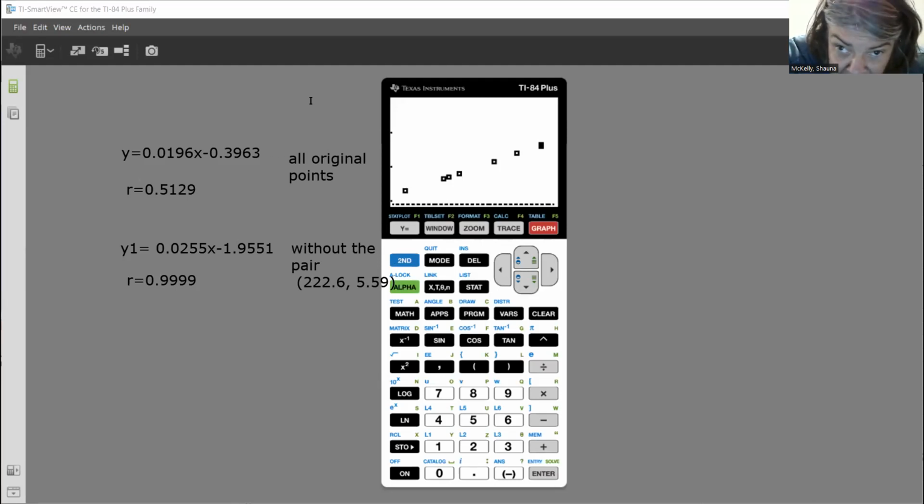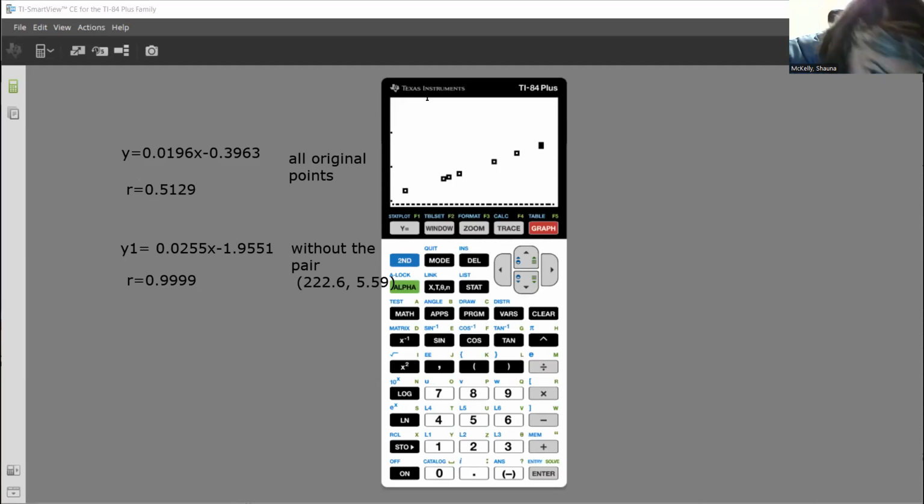Now, what are you actually going to graph? You're actually going to graph it with all original points, but this is the difference that it makes. So when you do this exercise, let me write this down.